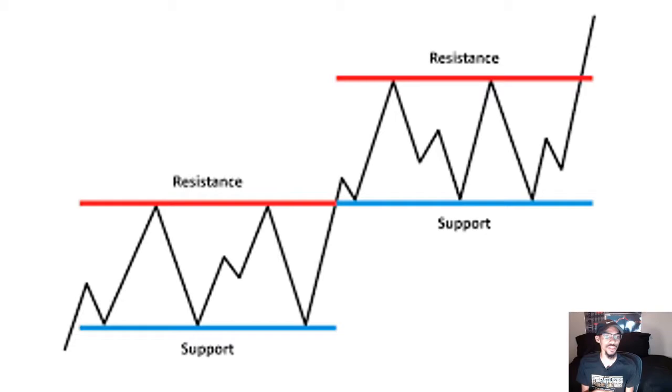A breakout is when the price moves past that resistance area. Sometimes it'll come back down, but in this case, this is now a new support. Since it's broken this area, going forward this is now a nice support and this is a new resistance, and then that's another breakout.